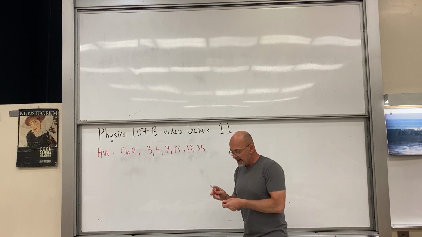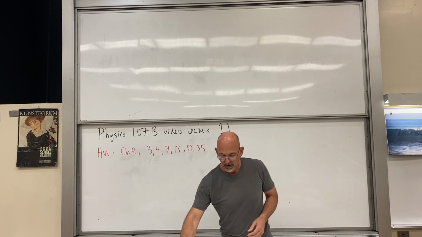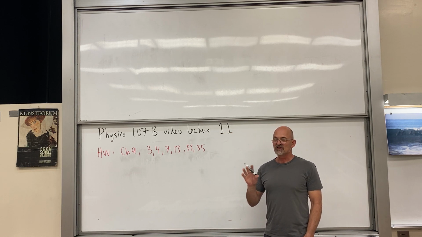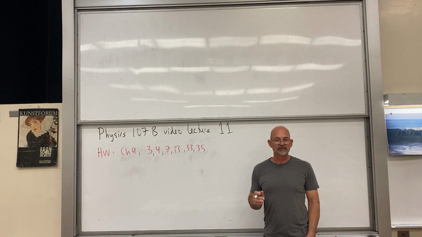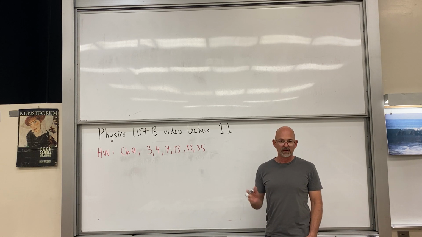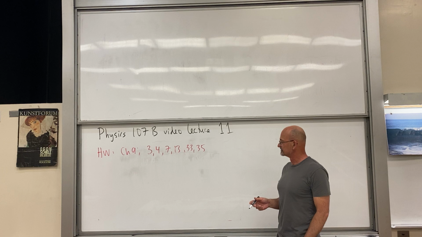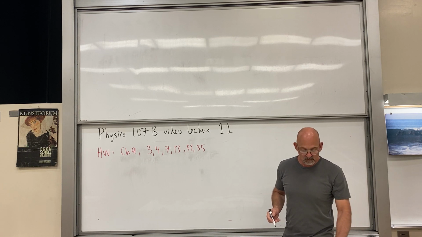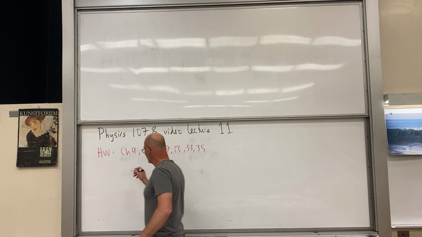But what I want to do now is talk about electromagnetic waves in matter, and just to go through the laws of reflection and refraction that we know of, Snell's law, and see how we get those with the wave theory. So, electromagnetic waves in matter.